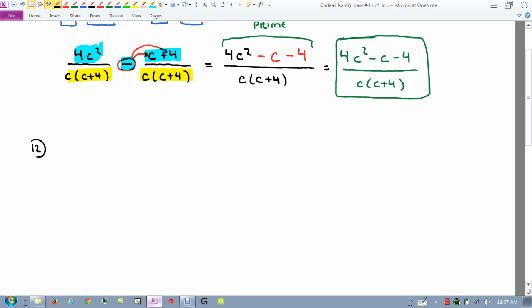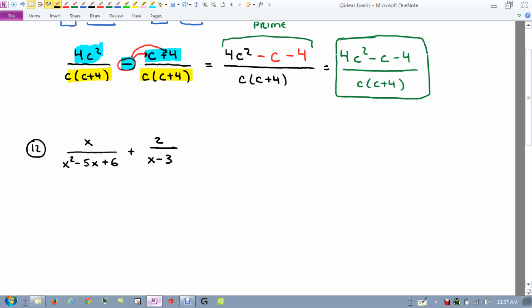Okay, for 12, we've got x over x squared minus 5x plus 6, plus 2 over x minus 3. So we have different denominators, so we can't just add these.